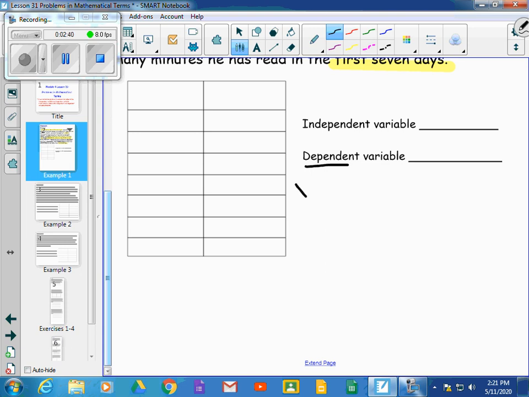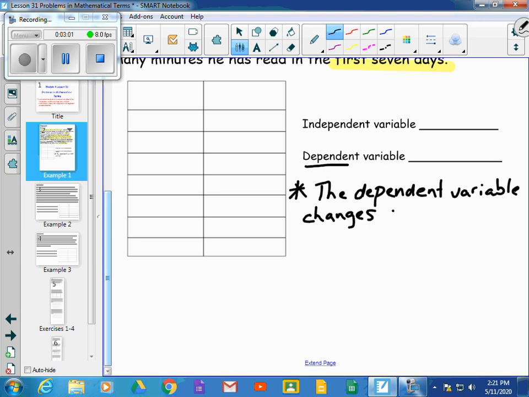To help you remember this, please write this little note down. The dependent variable, notice I underlined the word depend in the word dependent variable. The dependent variable changes depending on the independent variable.